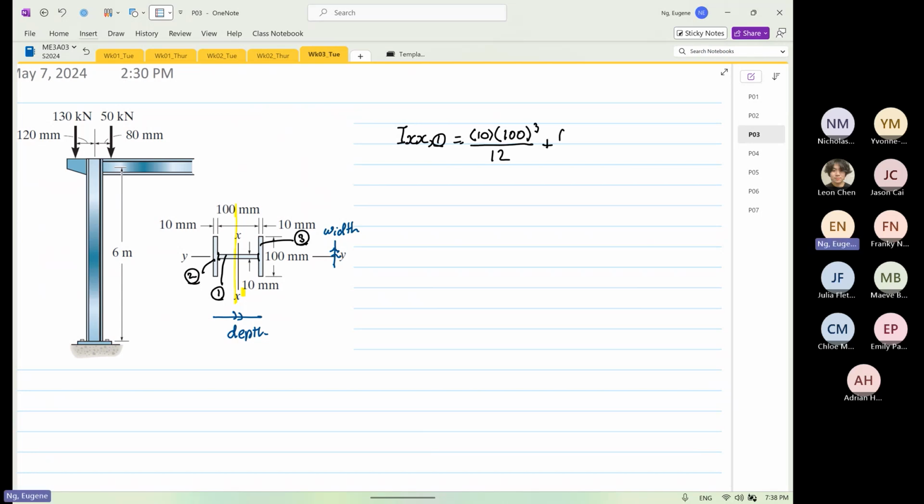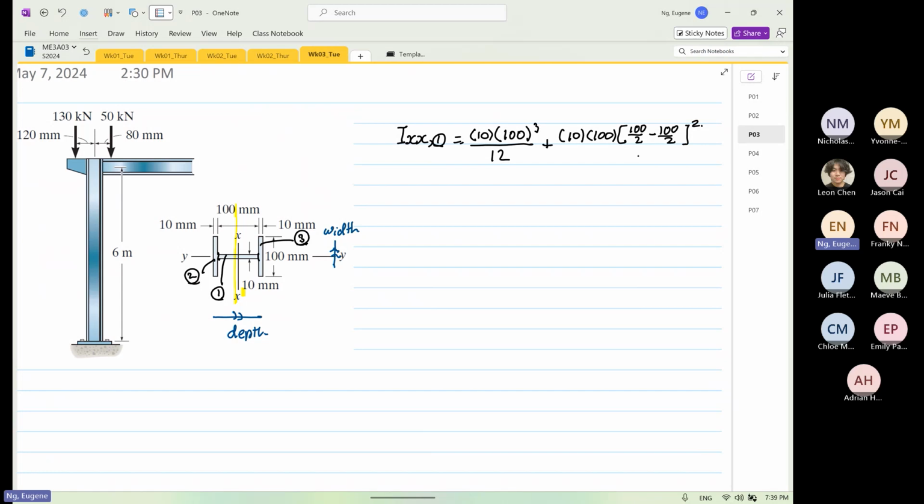Okay, plus now this happened to be 0. If you call this 100 divided by 2 minus 100 divided by 2, this whole thing squared, right?